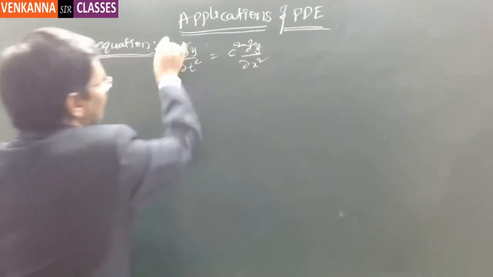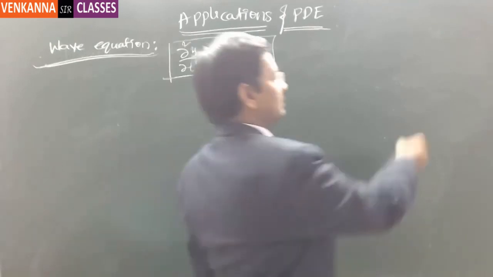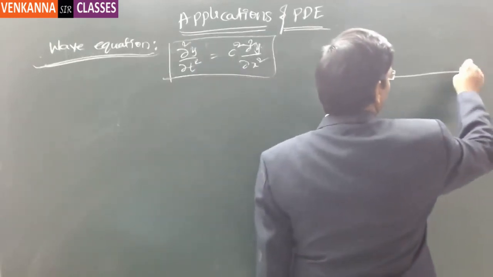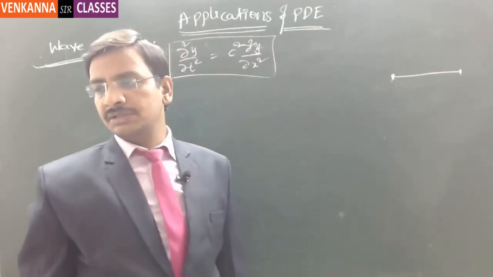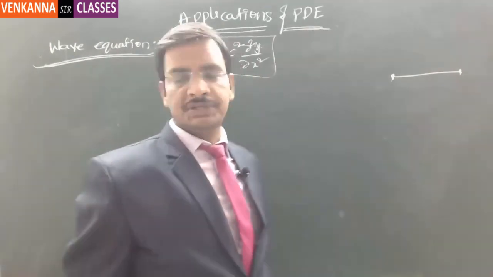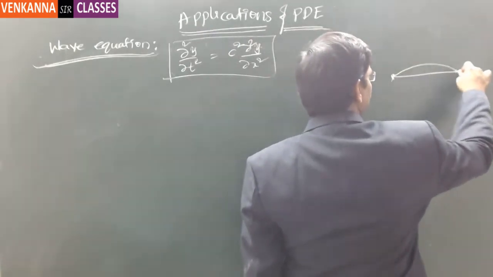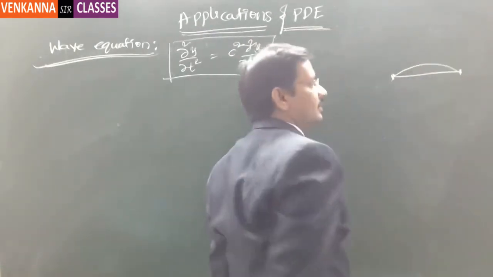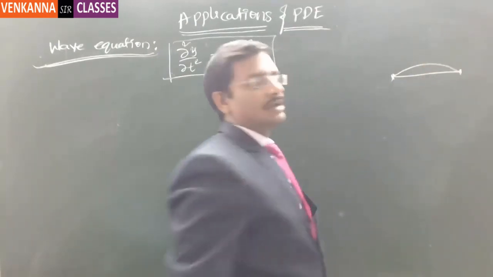So this is the one dimensional wave equation. Now let us say, suppose there is a sound instrument. Let us say the string is tied at two different locations, and this is the length of the string. Initially it is stretched in this particular format and left. Suppose you drag it like this and leave it, then it will continue to oscillate like this, right?